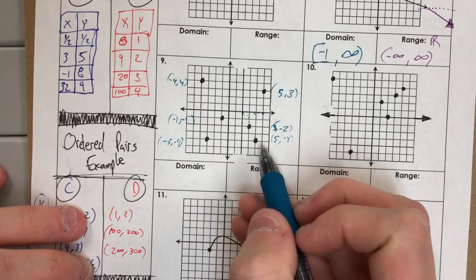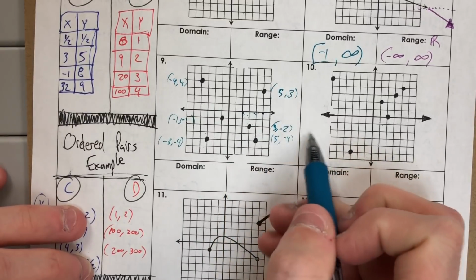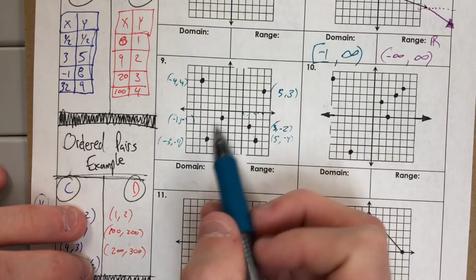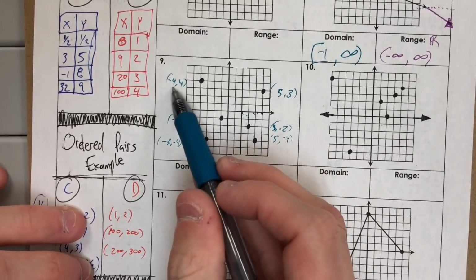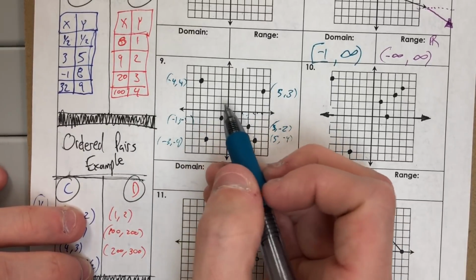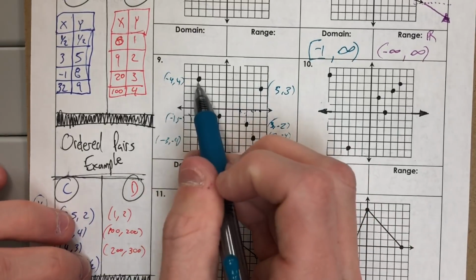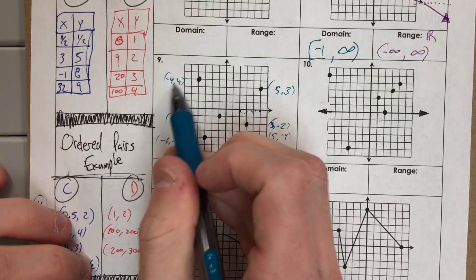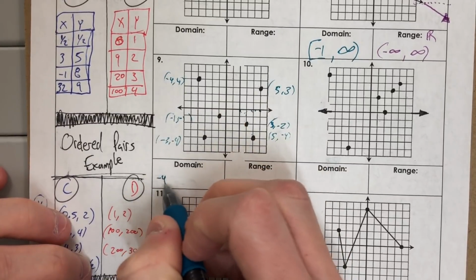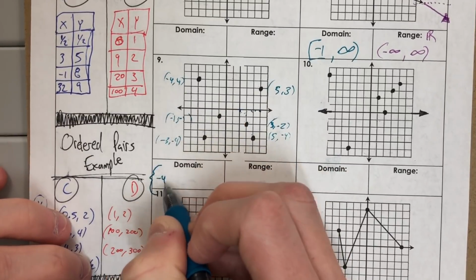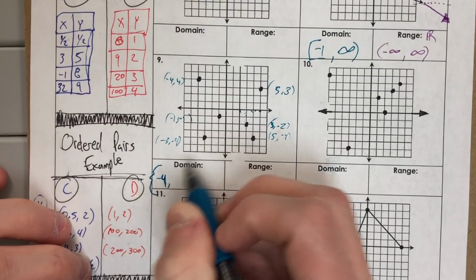So domain, you're just gonna simply write out all your x's in order. So maybe that is a good way to start this, because you're gonna have to write these anyways. So we could just start writing our very most left x, which would be -4, comma.